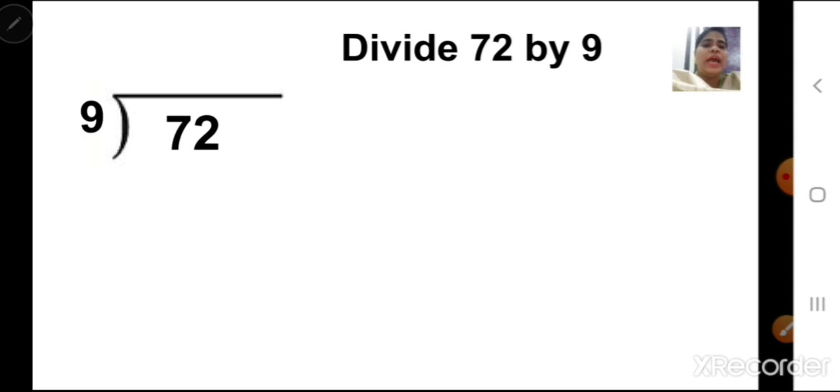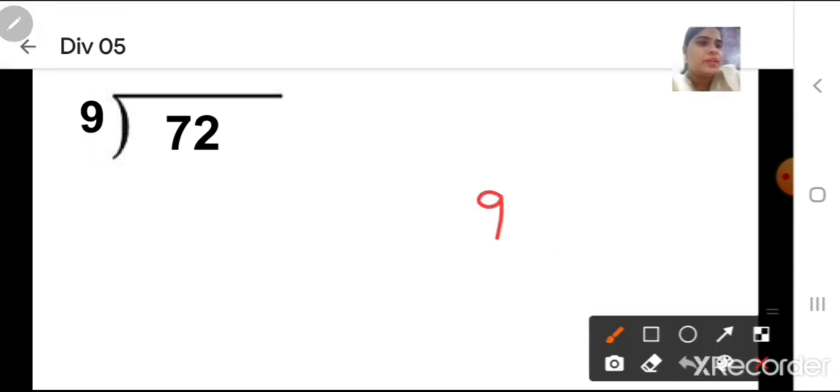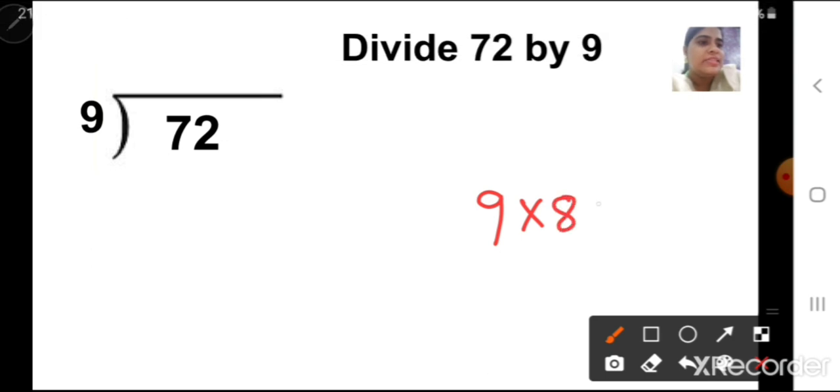Children, so we have the number. Exactly, 9 times 8 is equal to 72. So that means in 9's table 72 will go. We can divide the number 72 into 8 equal parts. So how are we going to write?